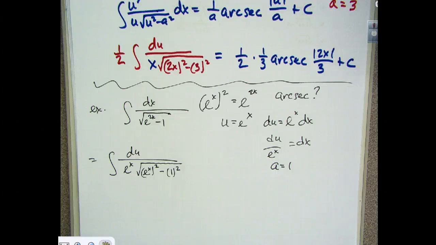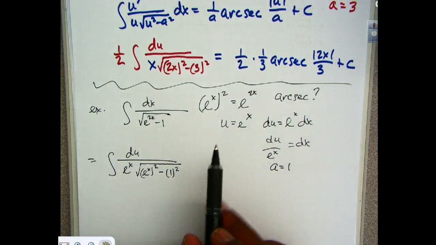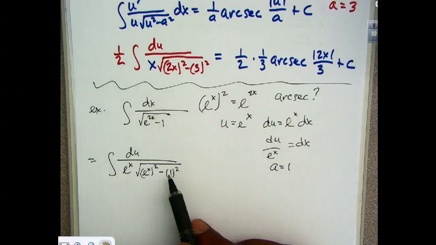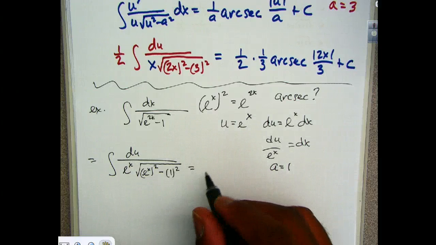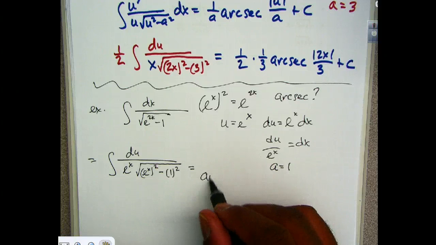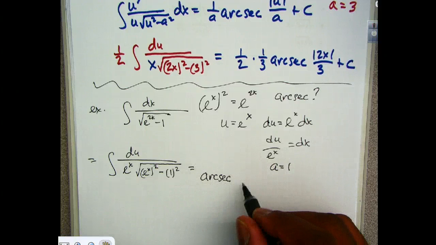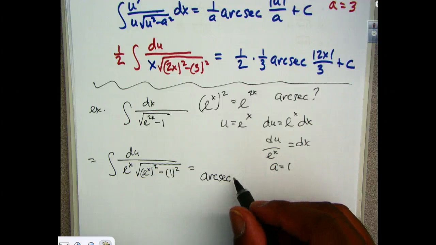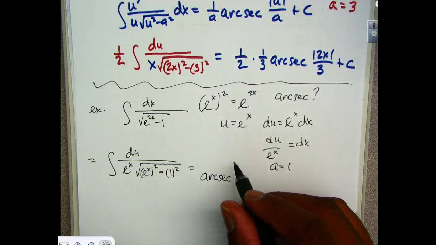So it looks like now it is in the form of arcsecant, where our a is 1 and our u is e to the x. So our answer would be 1 over a, which is 1 over 1, times arcsecant of absolute value of u over a, so that's e to the x.